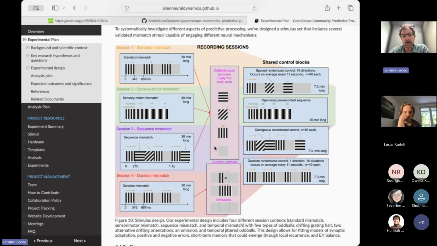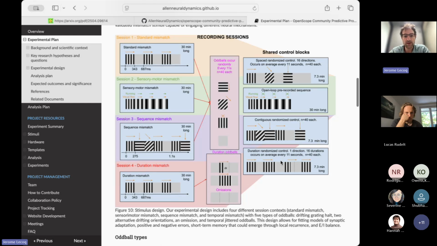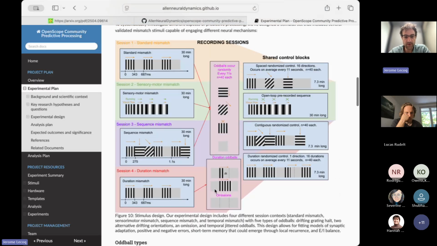The idea was to have the same oddball in all of those different contexts, as well as control blocks that are shared. So we are planning to do 4 different types of session for the oddball block with control blocks that are shared across all of them. It's actually quite demanding in terms of stimulus coding, because there are a lot of different types of context that need to be taken into account. And so I spent time building that.